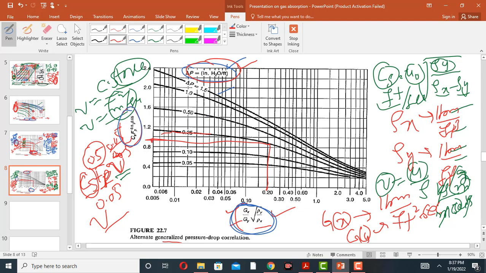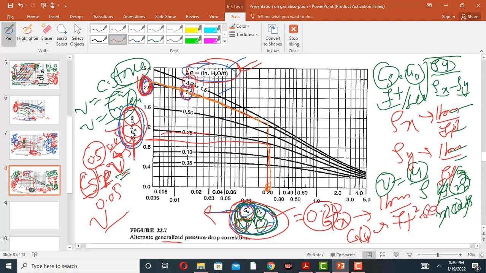From these we can obtain the kinematic viscosity. If Cs and PF are given to us, usually the PF value is 92. It can be 90. It depends on various problems.